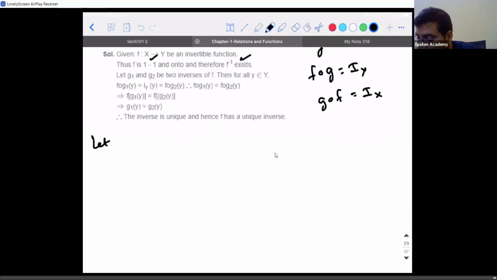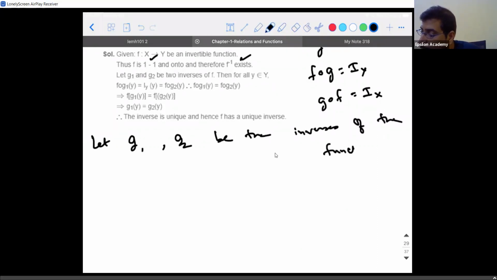Let g1, g2 be the inverses of the function. For me to prove that it has a unique inverse, what is the necessary step I need to arrive at? I need to arrive at a point where g1 is equal to g2. g1 and g2 are the same.